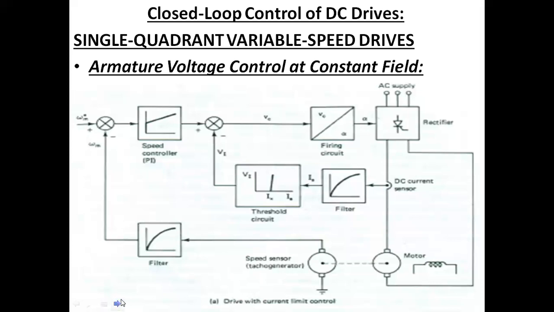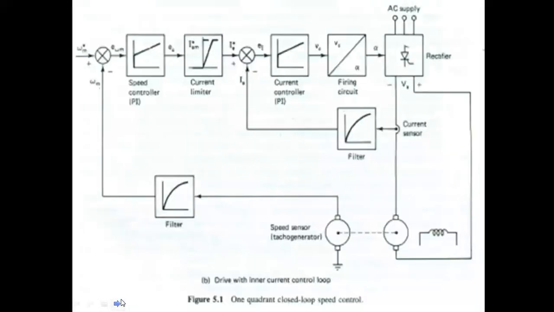Next, there is another scheme of closed loop speed control. This is figure B, drive with inner current control loop. It employs an inner current control loop within the outer speed loop.